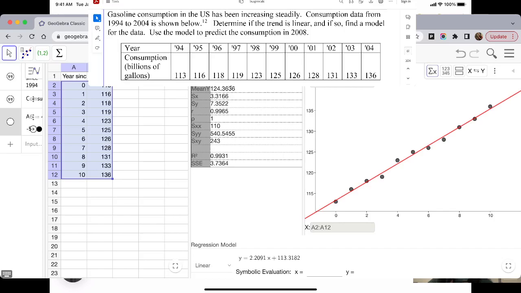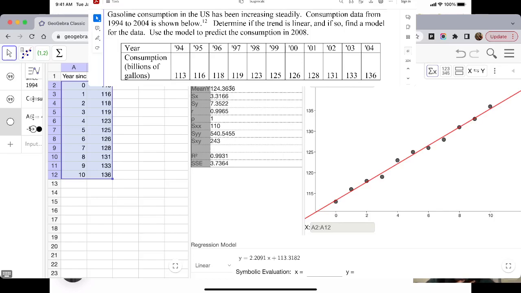They want you to predict the consumption in the year 2008. So that means we want y equals what? Remember, when we entered the data, it is years since 1994. So in the year 2008, x should equal 14, right?